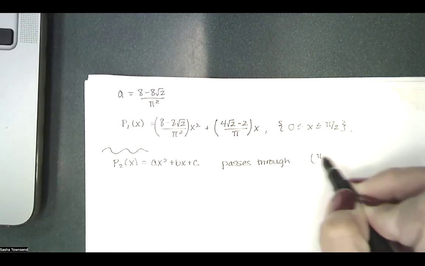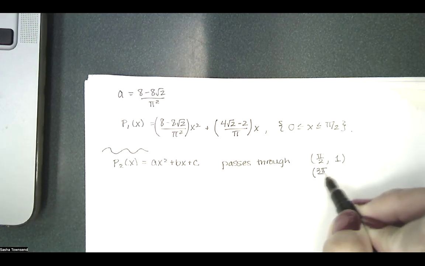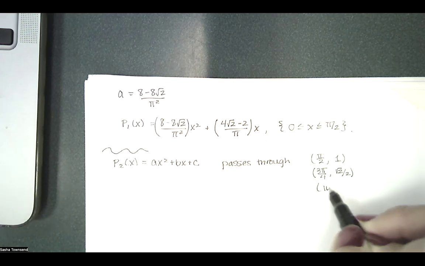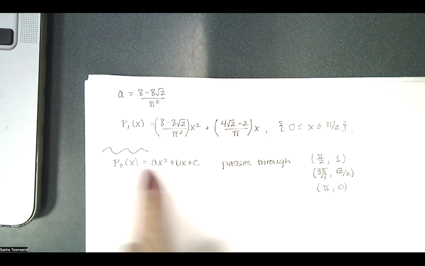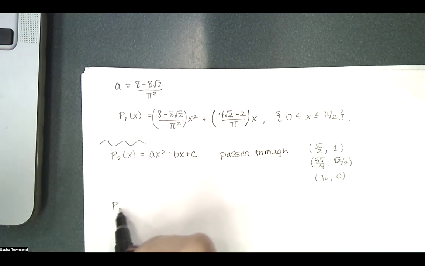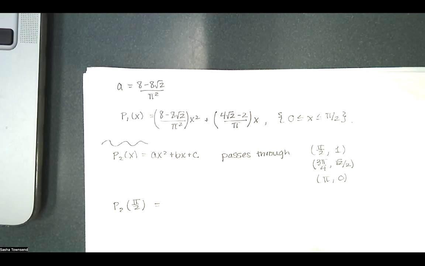So at pi over 2, sine of x is 1. At 3 pi over 4, sine of x is square root of 2 over 2. And at pi, sine of x is 0. We want our polynomial to have those values as well. If we substitute those values for x, we end up with 3 equations and 3 unknowns.